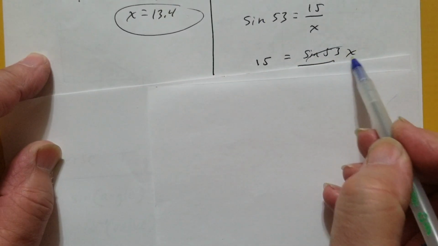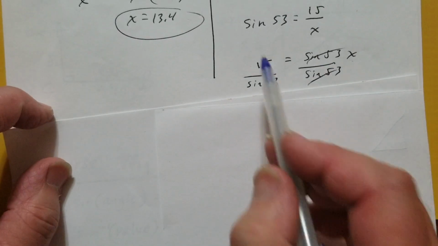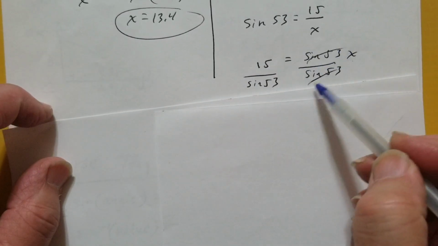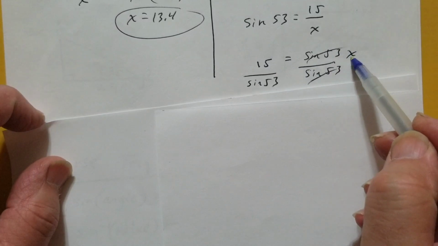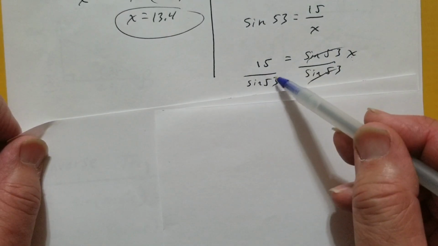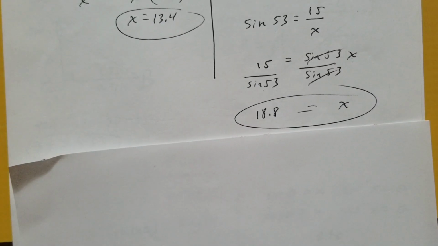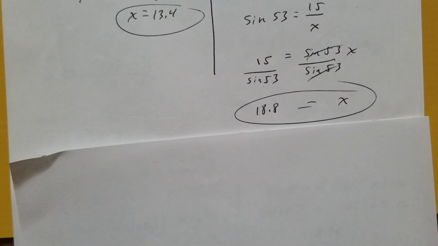And then what? I'm looking for x. So I divide both sides by sine 53. And this cancels. So x equals 15 divided by sine 53, whatever the calculator says. It's going to say 18.8. Done. That's how you find the missing side.